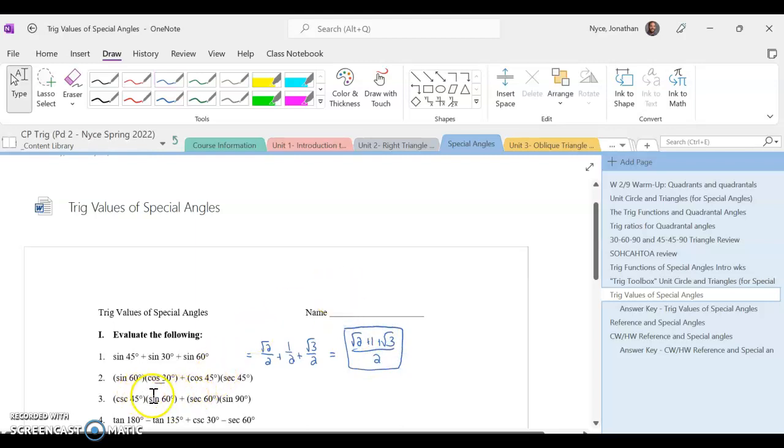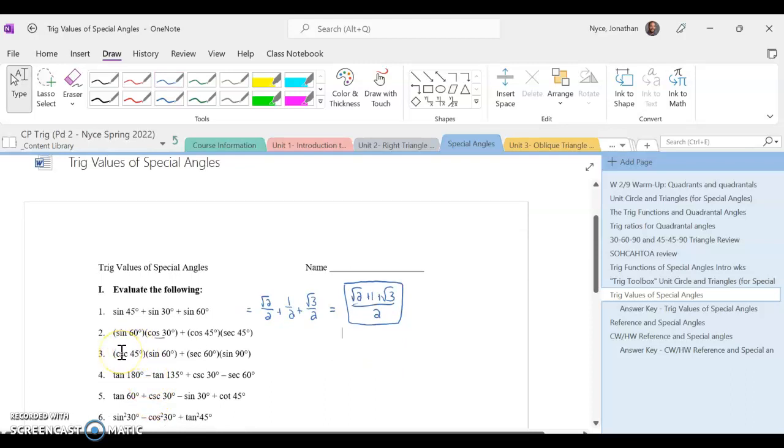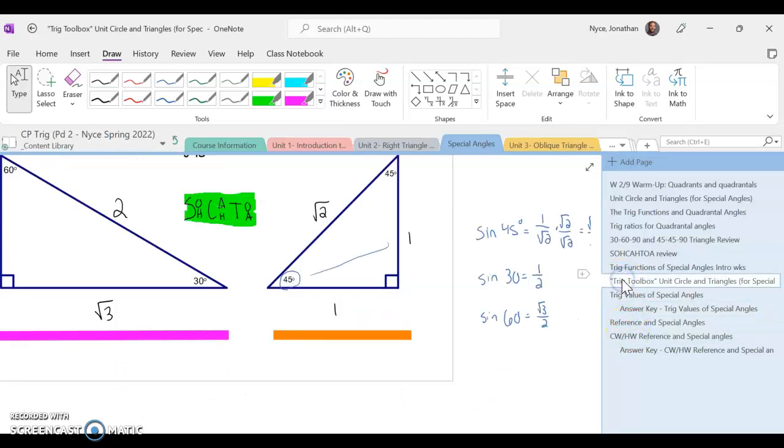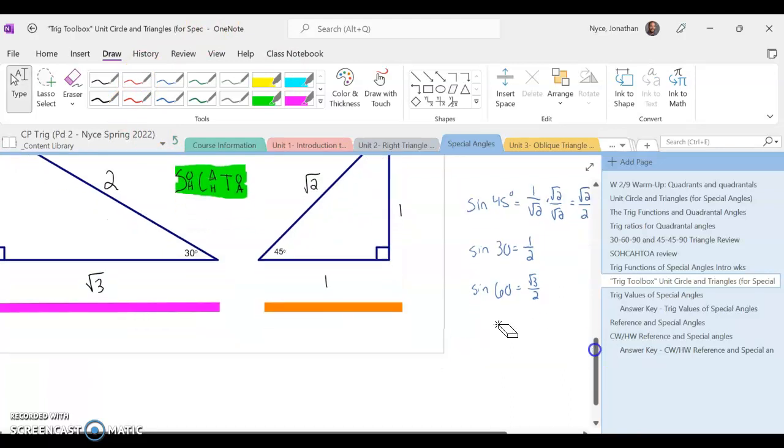For number 3, we have the cosecant of 45 degrees. I'll go to that toolbox, 45 degrees. Here I know cosecant is the reciprocal of sine. So if sine is opposite over hypotenuse, and I want the cosecant of 45 degrees, I'm going to do the hypotenuse over the opposite.